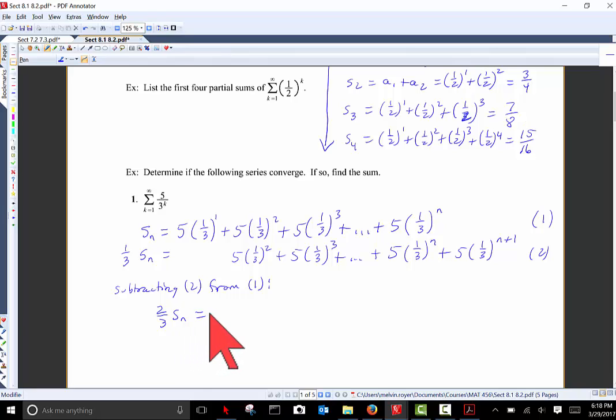And on the right-hand side, and the whole point of doing this is notice most of these terms cancel in pairs. Things that don't cancel are 5 times 1/3 to the first. This has no partner down here to cancel it. And then at the very end, there's another term that has no partner to cancel it. And so it's minus 5 times 1/3 to the n plus 1.